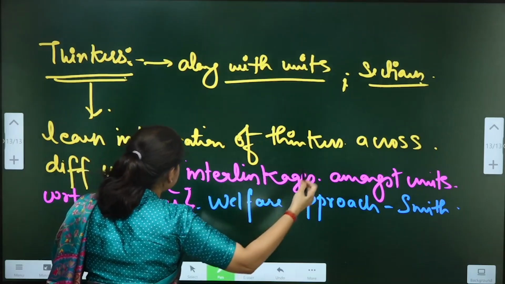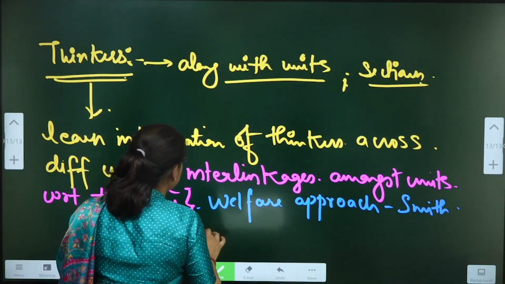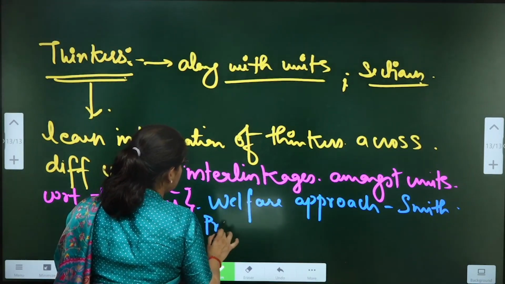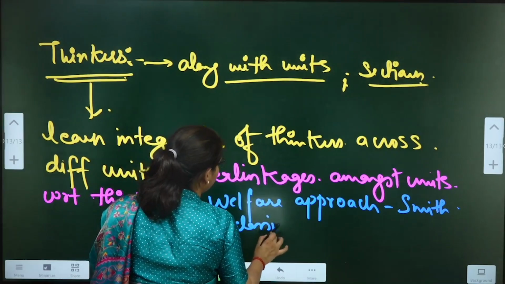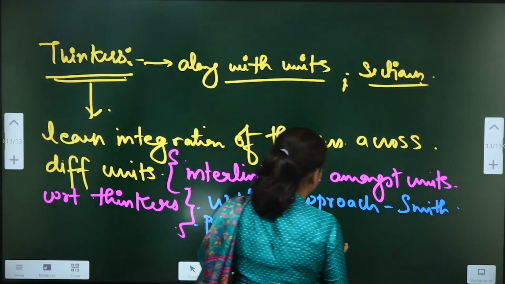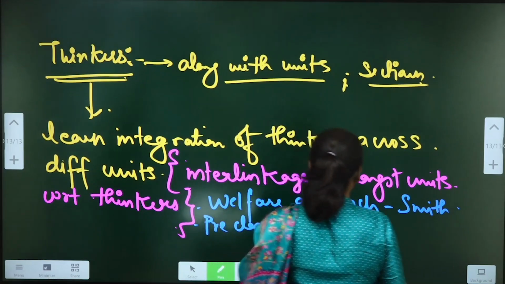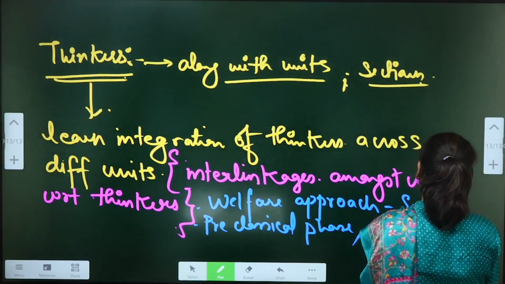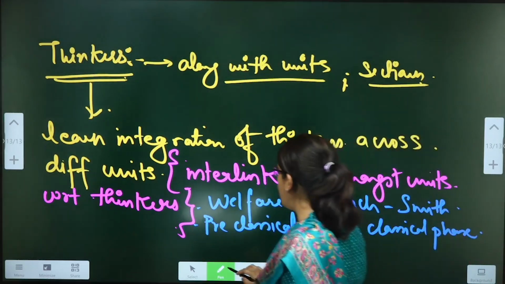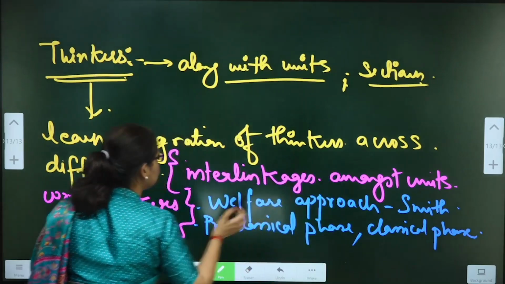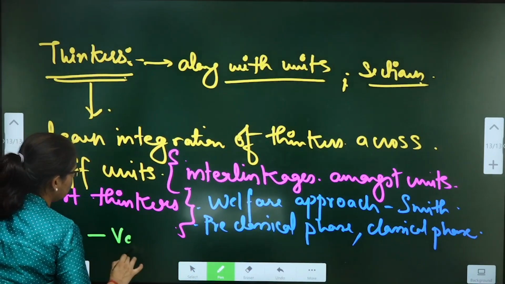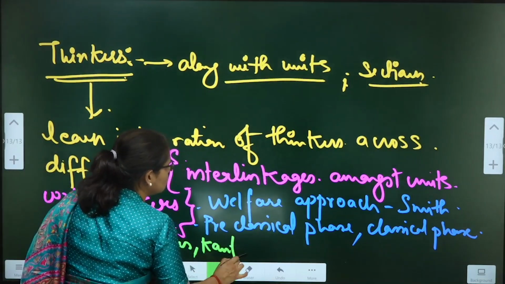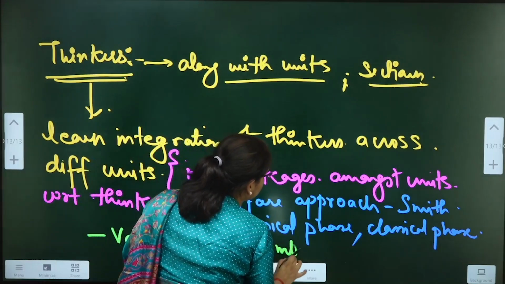Now, if we study the concepts in the pre-classical and classical phase of geography, you will learn about thinkers like Varenius, Kant, Humboldt, Ritter.